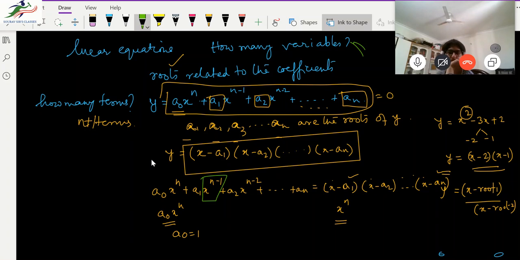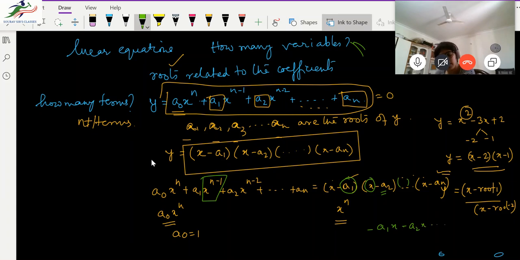So you see that in each of these terms, when the constant term multiplies with the x term of the next one, we will get minus a1x, again minus a2 into the next x, right?